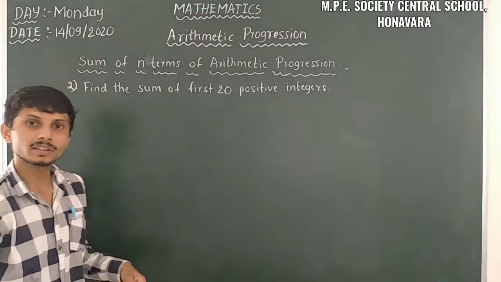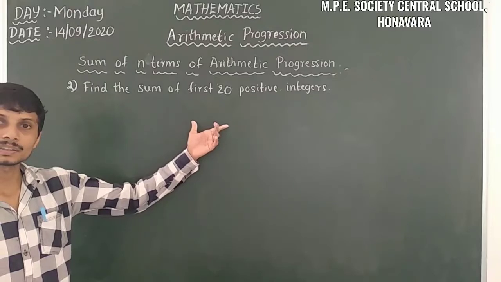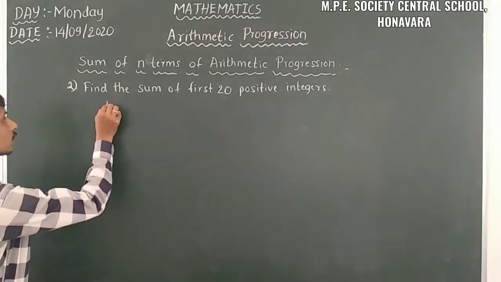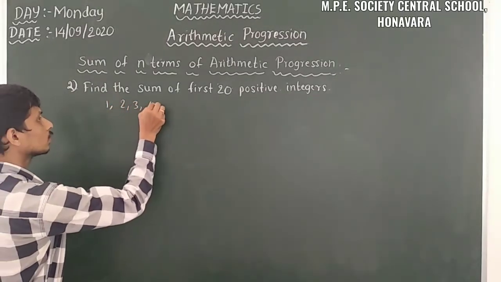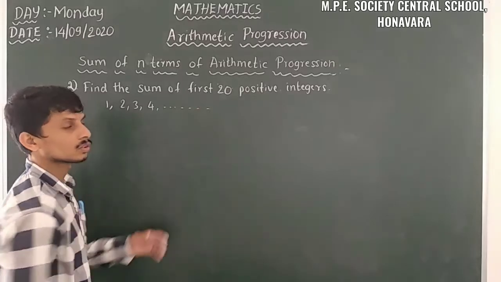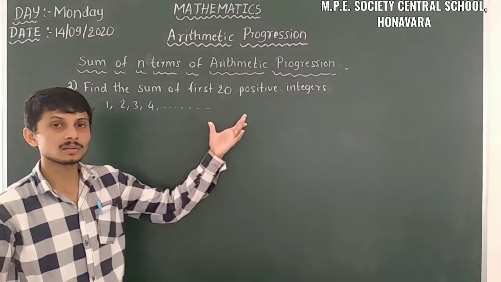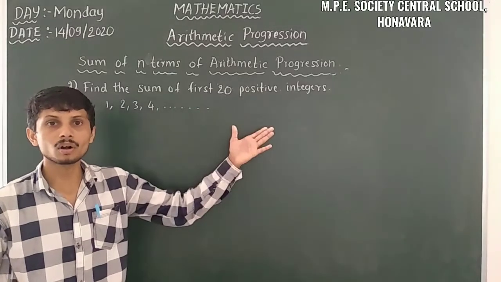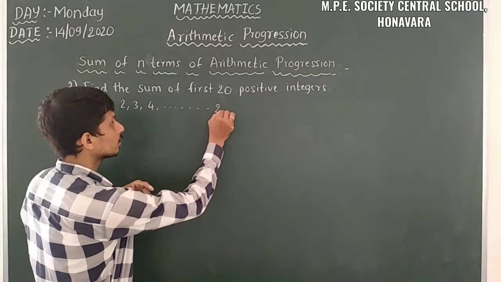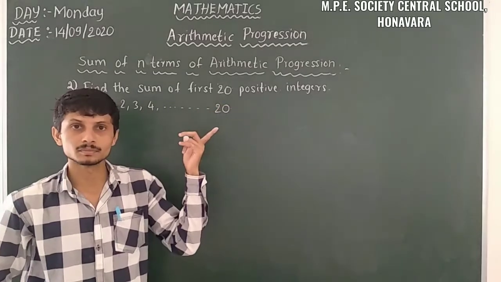What does the arithmetic progression look like? It is 1, 2, 3, 4 like that, up to the 20th term. We have to add all those terms. For 20 positive integers, the final term is 20.